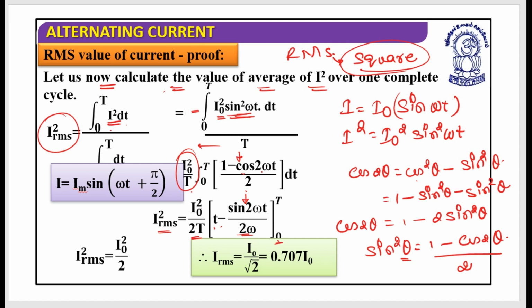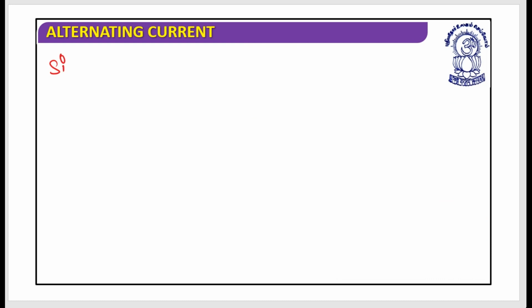Let's put up the limits, 0 to T. When you put the value, it's sine of 2 omega t divided by 2 omega, with limit 0 to T. So it's 1 by 2 omega.